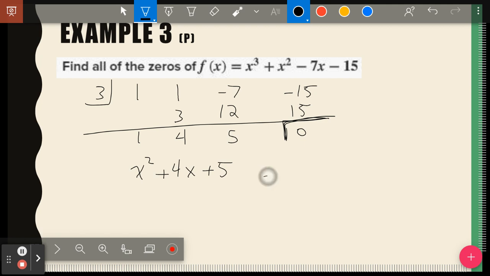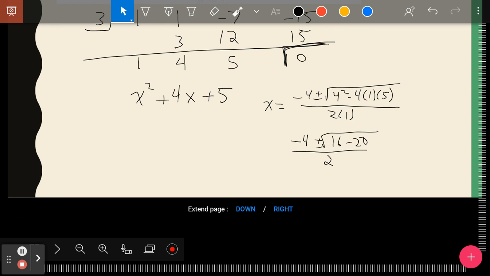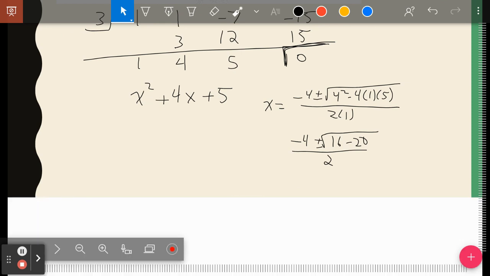And so I'm going to go right to x equals negative b plus or minus the square root of b squared minus 4ac, all over 2a, which is negative 4 plus or minus, and I have 16 minus 20 all underneath the square root, all over 2.